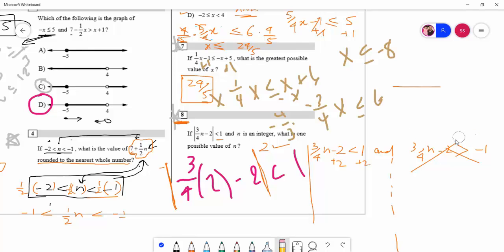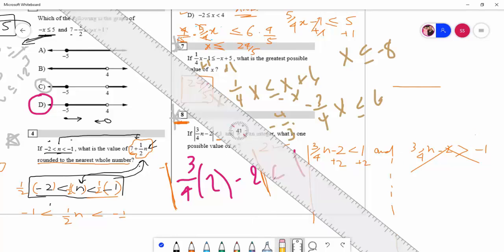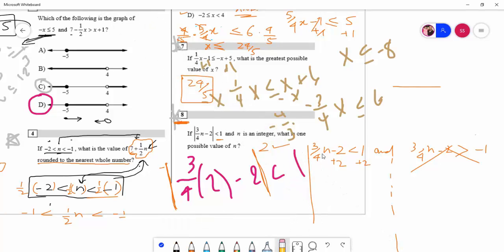What do you mean by decoding? See, I'm not writing absolute value. If this would have been absolute value of 3 over 4n minus 2 is greater than negative 1, then I can say this is wrong. This is not possible.